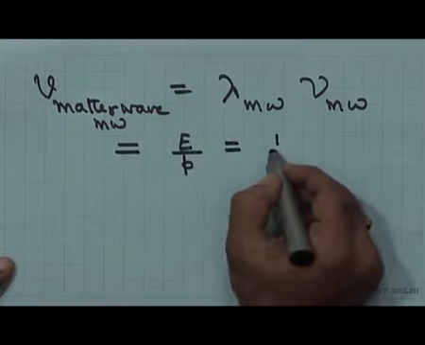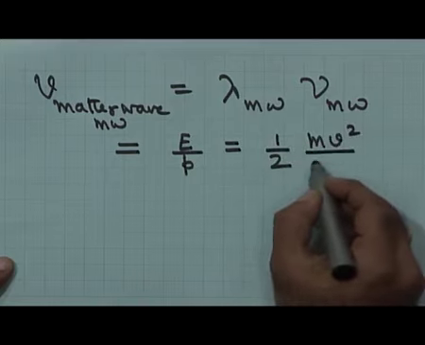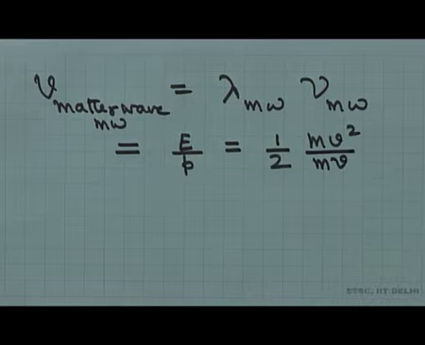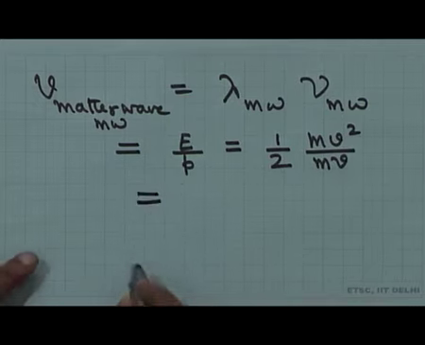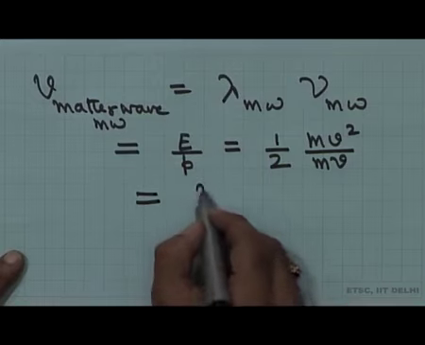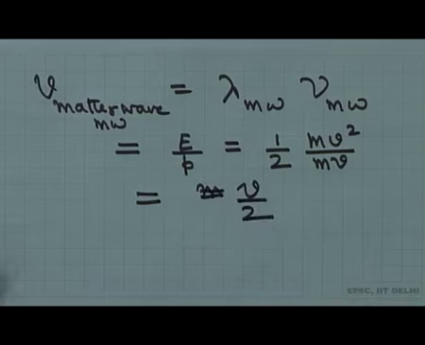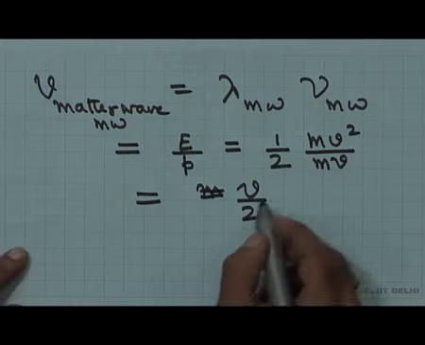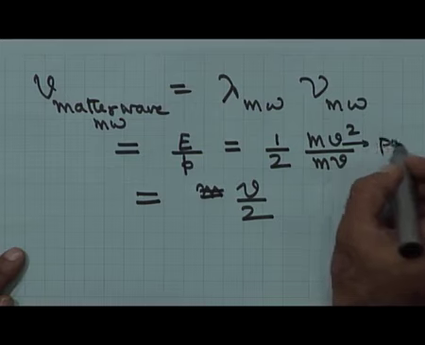And what is E? E is given by half mv squared, p is given by mv. Of course, it has the correct dimension of velocity, but if we calculate this, what are we going to get? We are going to get v by 2. That is what we are going to get. And what is this v? This v is of the particle.